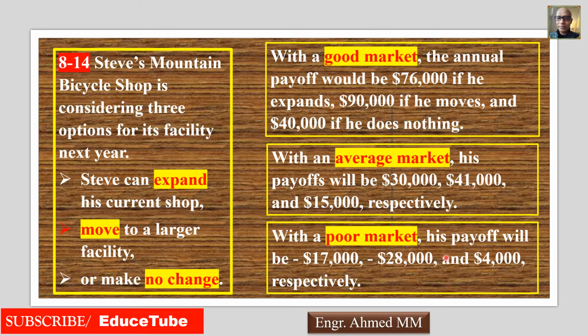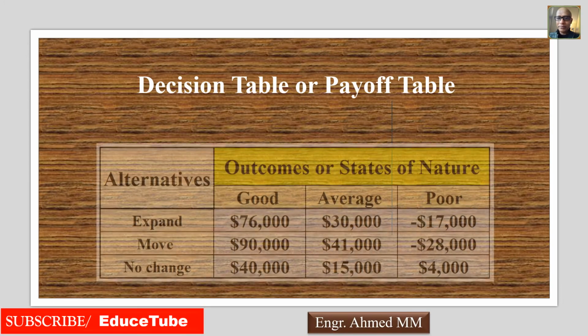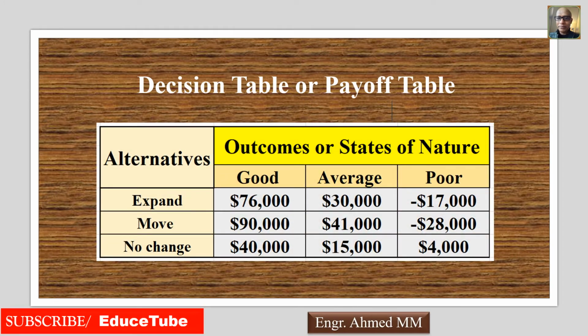So using all these payoffs and with these alternatives, we'll make a table. It's called a payoff table. So this is that table.